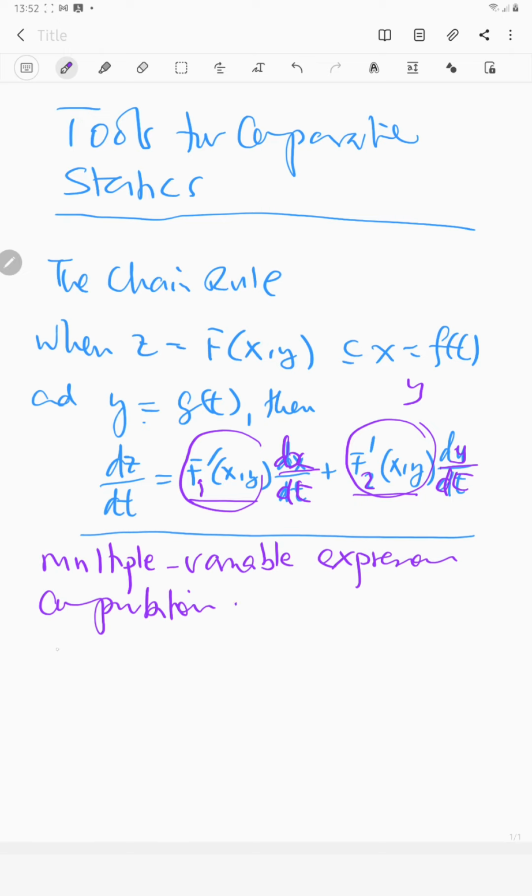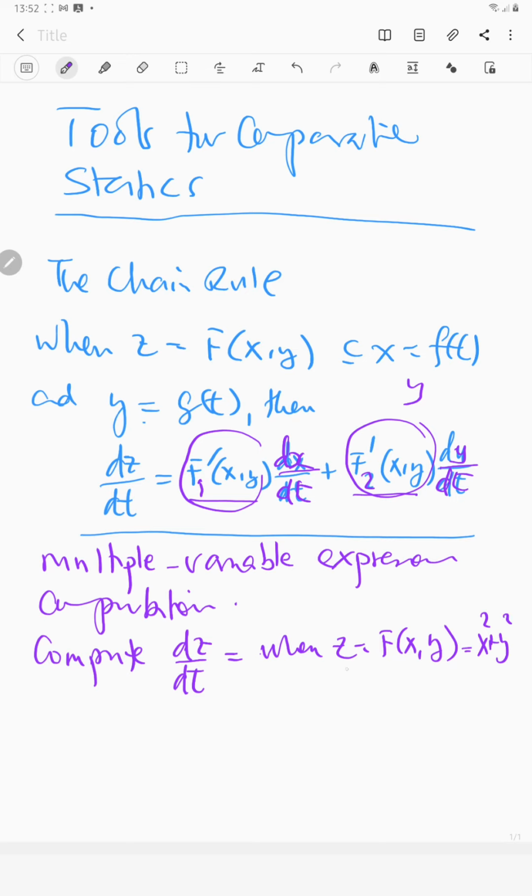For example, let's have an example: compute dz/dt for a function where z is equal to f(x, y), which is equal to x squared plus y squared, when on the other part x is equal to t squared and at the same time y is equal to 2t.